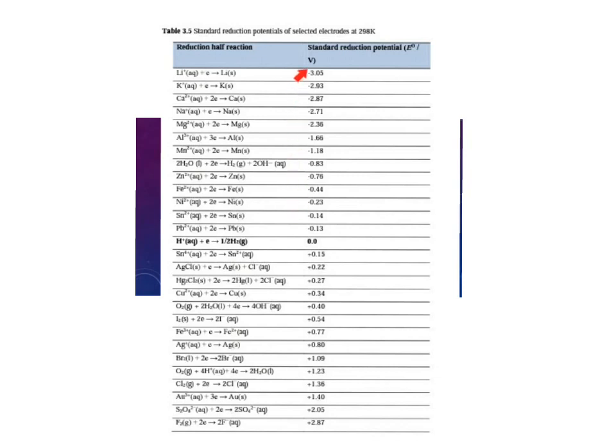So in the electrochemical series, if we compare the trend, the reducing ability decreases down the series.